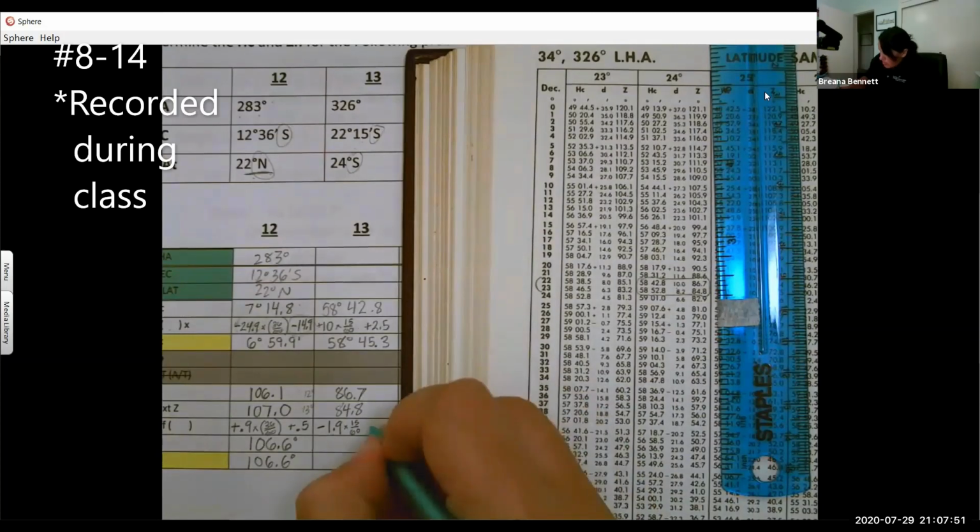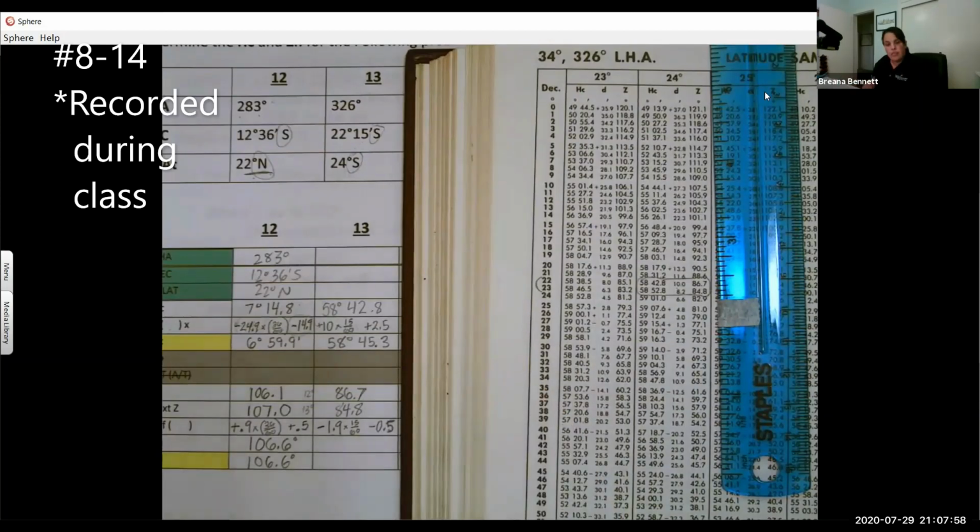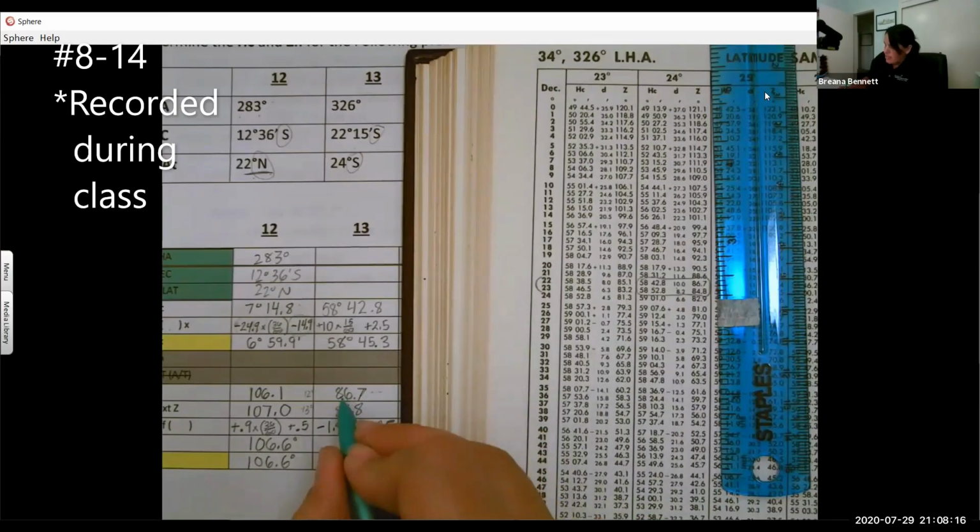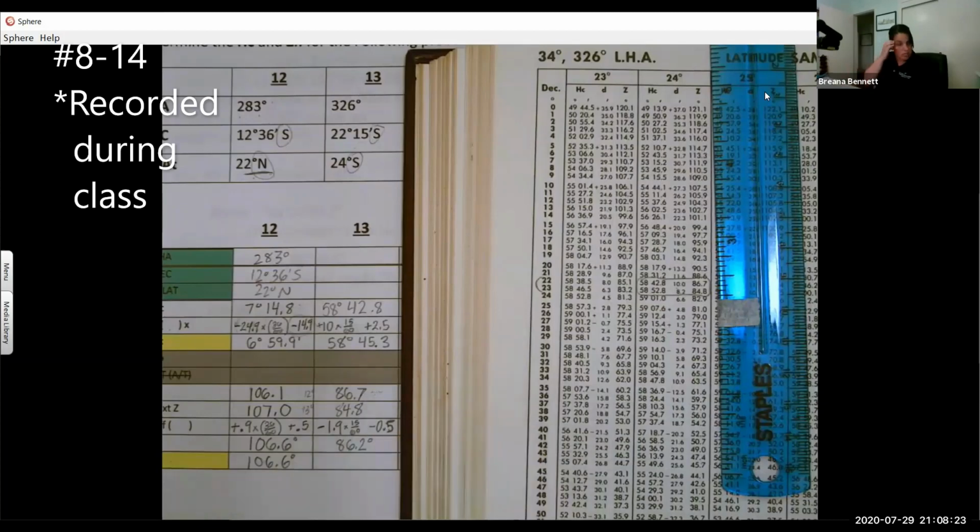And that gives me a negative 0.5. So I subtract that from, because this was my 22 and this was my 23, I subtract that from my 22. So 86.7 minus 0.5 gives me 86.2 degrees. And that is my Z.